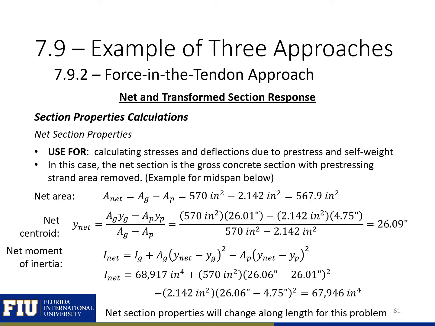We can plug in all of our known values from our mid-span section to find our net area, our net centroid, and net moment of inertia. But note that the net section properties are going to change along the length because we have harped strands, and the location of our pre-stressing is changing along the length.